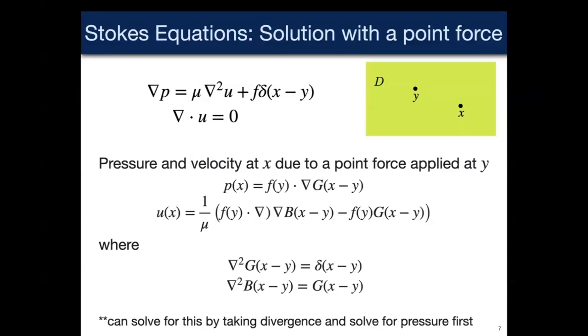Then you can use the Green's function for Laplace's equation and the biharmonic. Capital G is your Green's function of Laplace's equation, and capital B is your biharmonic here. Using these, you can write down your solution for the pressure first, which looks like this, and then the solution for the velocity here.